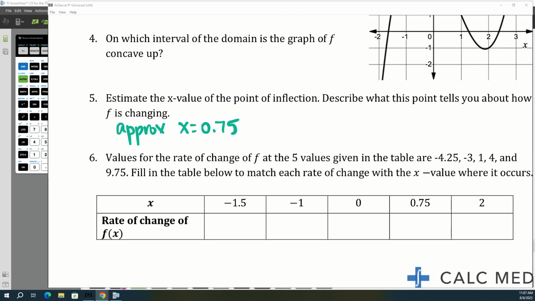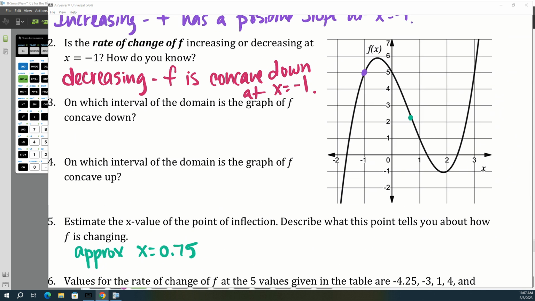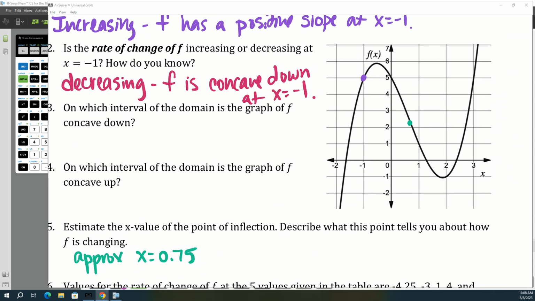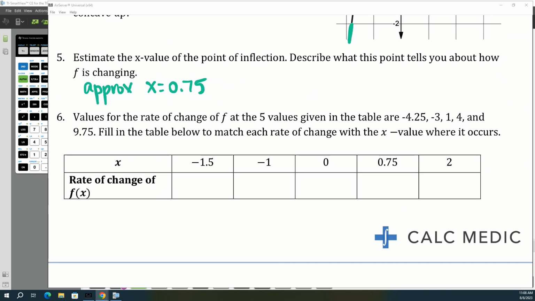Okay, so I'm going to be a little more specific because it doesn't have the steepest slope of the whole graph. If we look, right here is steeper than that right there, and so is this. So I'm going to be a little more specific on number 5.